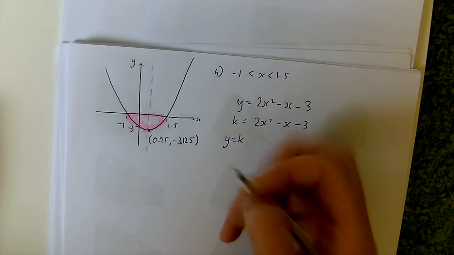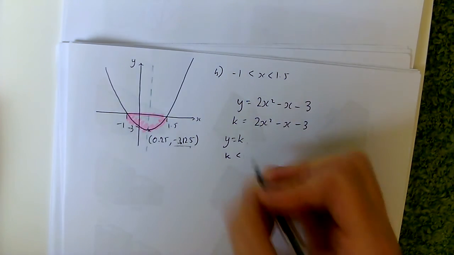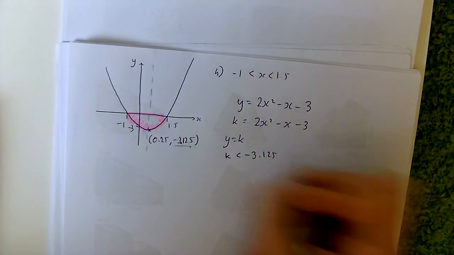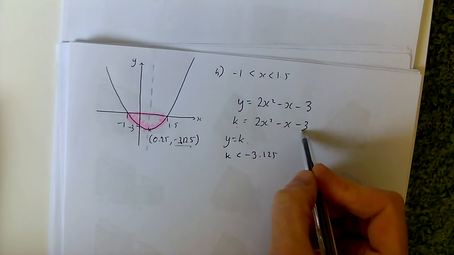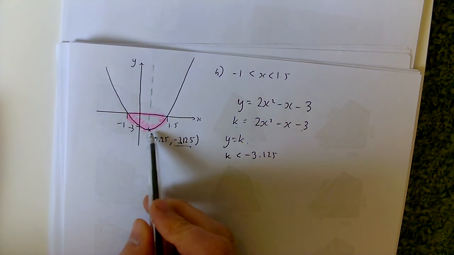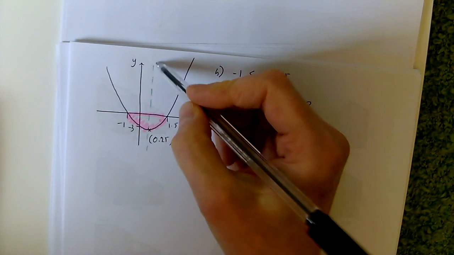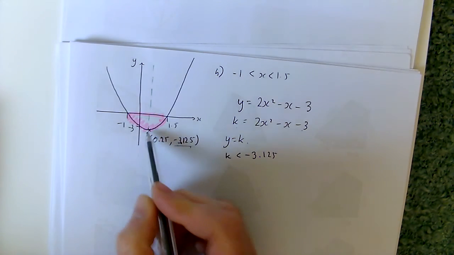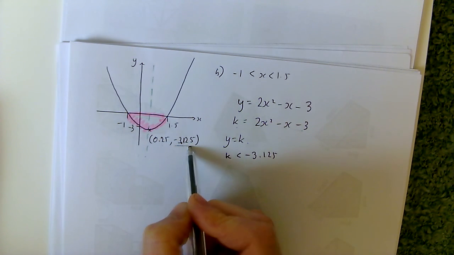Alright, so as long as k is less than the minimum value on the graph, so minus 3.125, then there will be no real roots to this equation. Okay, now because it says show detailed reasoning, you still have to do some justification, so you'd have to show how you get that minimum point. So in that case you could either complete the square, or you could use your symmetry line to get the x coordinate is 0.25 and substitute in to get the y coordinate.